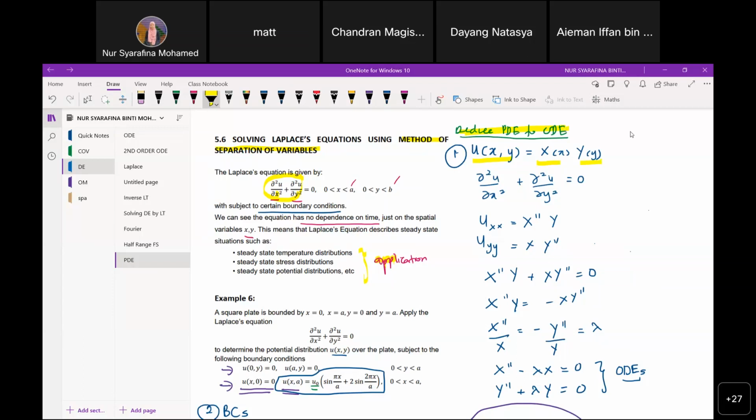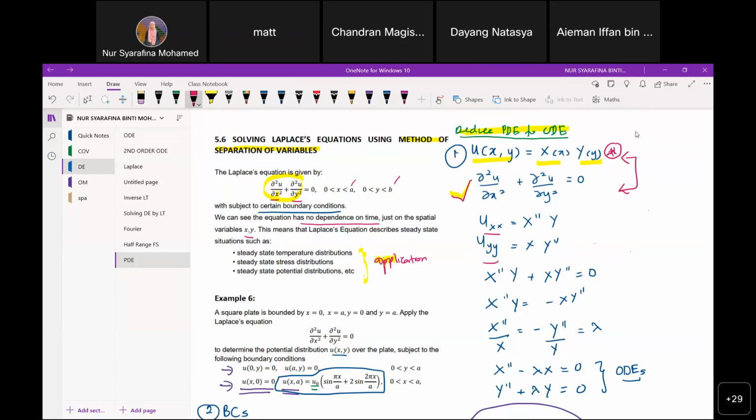Back to the PDE. This is your PDE, and this is your expected solution. Mapping these two, you have del squared u del x squared, which is u double x, and del squared u del y squared, which is u double y.